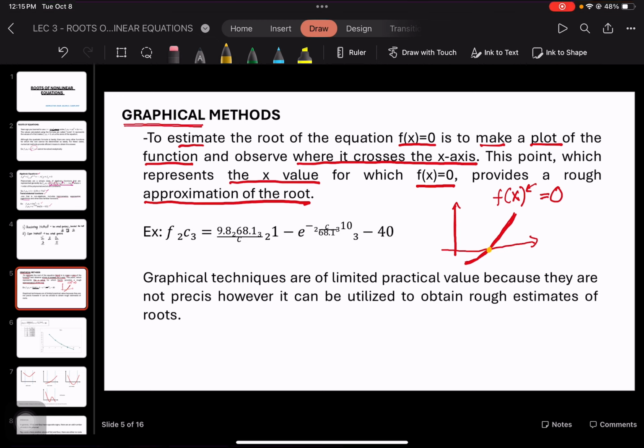Okay? So, yan yung way para sa graphical method. So, using this graph, you can provide a rough estimate of the root. So, pwede mong sabihin na, baka ito yung root, baka 4.7.